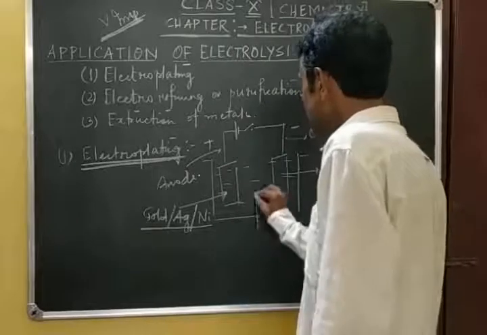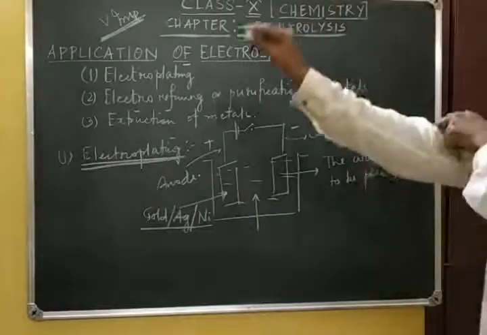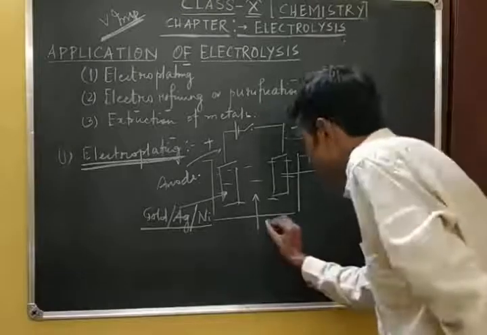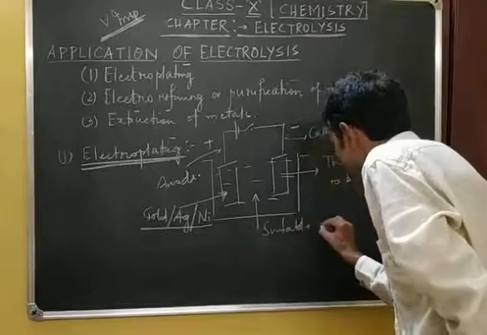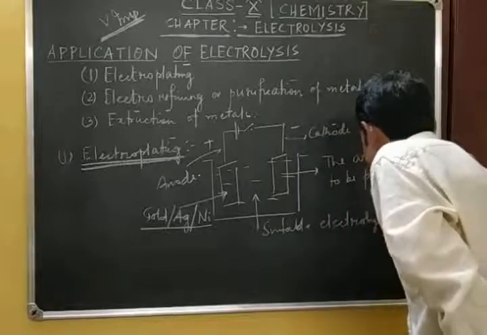Here, suitable electrolyte, I will send you a chart regarding this and we will discuss it more in later classes. So here you should write suitable electrolyte. Just listen to it.